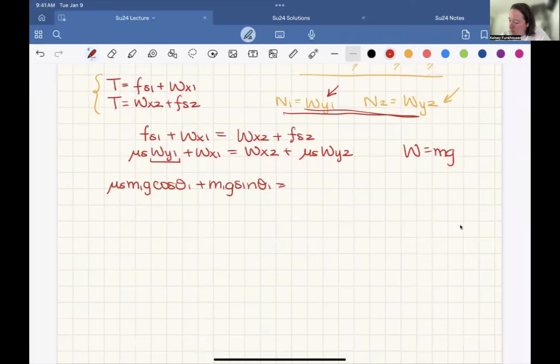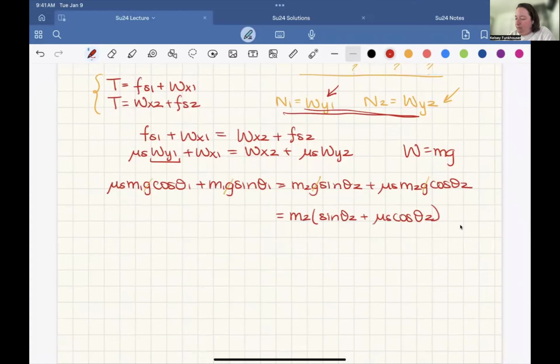And this equals m2 g sine theta 2 plus coefficient times m2 g cosine theta 2. Okay, cool. Now everything is multiplied by g, so we can just cancel that out. Goodbye. And then on the right side of the equation, I'm going to factor out m2 because, again, that's what we're solving for. That just gives us sine theta 2 plus coefficient of static friction times cosine theta 2.